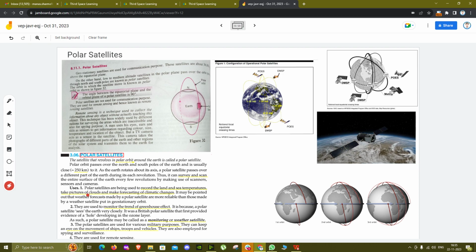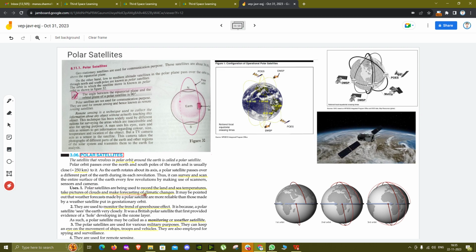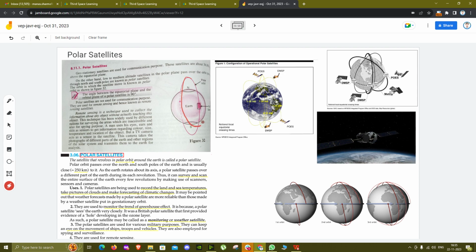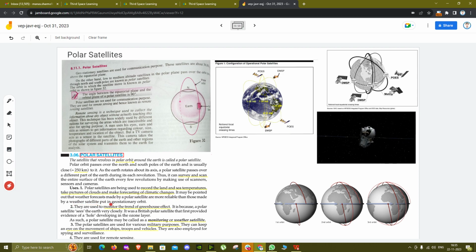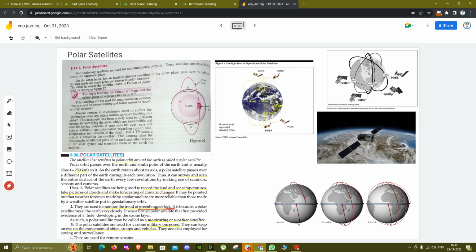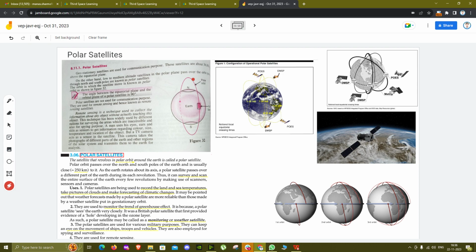Although geosynchronous satellites also take pictures of the upper atmosphere, I think polar satellites are much better for forecasting, because first, they are closer to the Earth's atmosphere, within the Earth's atmosphere, and this is more reliable than data from a weather satellite in geostationary orbit. They are also used to monitor the trend of the greenhouse effect, how the climate is changing. All these things are detected by the polar satellite.